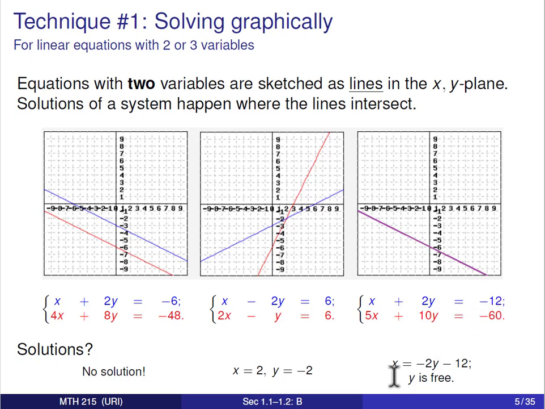But take a look at this. If y is available to be any number you want, and you let x be -2 times whatever y you chose, minus 12, I think you'll find that these values for x and y will make the case that x plus 2y is equal to negative 2, and 5 times x plus 10 times y will equal negative 60.